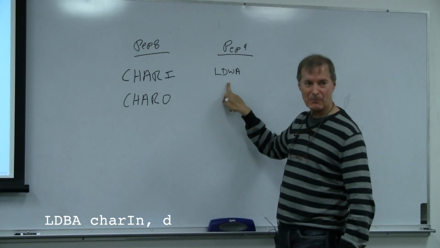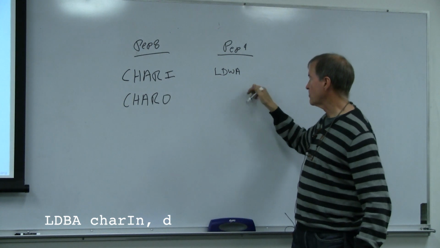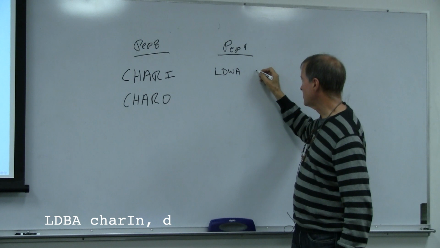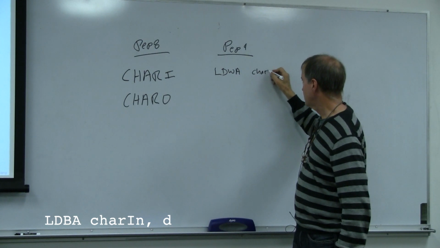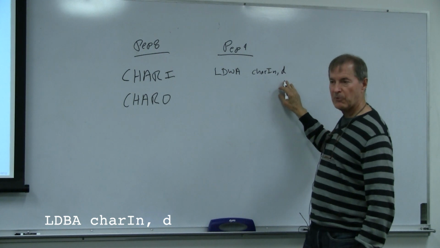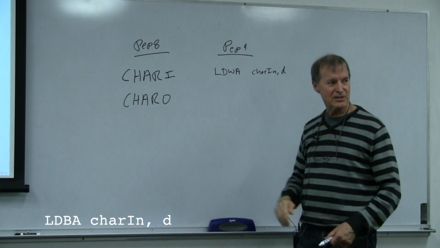The mnemonic is a little bit different. So instead of load accumulator, it's load word accumulator from the input port, which has the symbol charIn, using direct addressing. And what that does is get the input into the CPU.